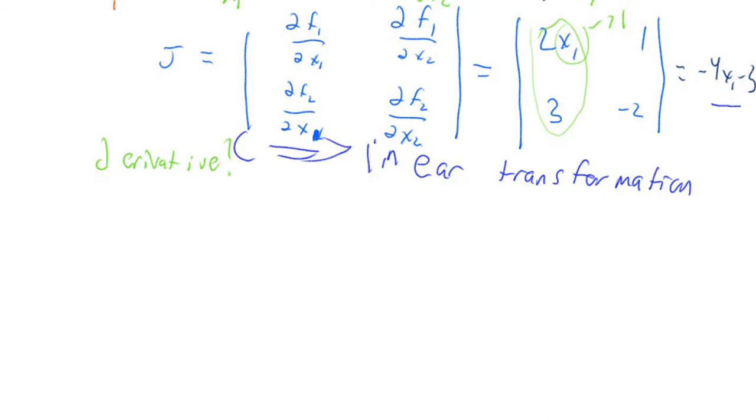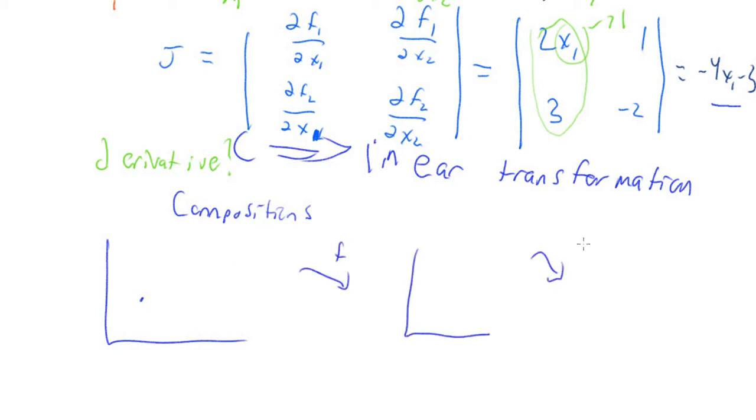So finally, I want to conclude this video by looking at compositions of functions. Abstractly, let's say we have this function f, and we have another function g. The basis vectors are going to map somewhere, and then we take the image of these basis vectors, and they map somewhere once again.